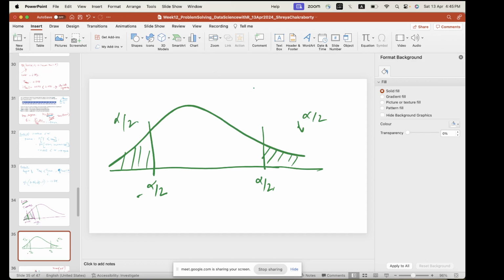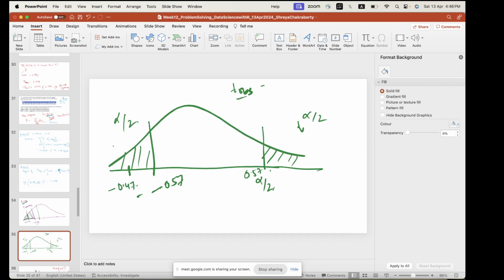Now let's give some concrete numbers to make it easier: this is minus 0.57, this is plus 0.57. If your t observed is falling in the tail region, you are going to reject.